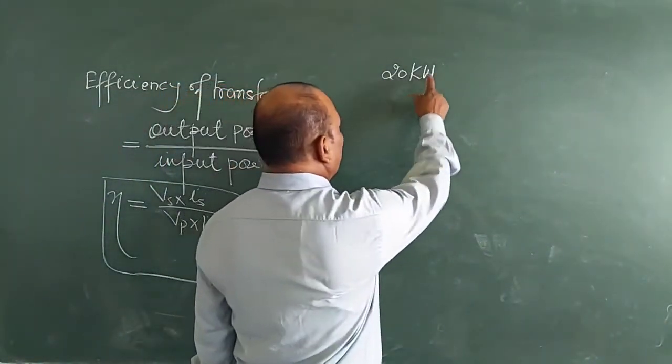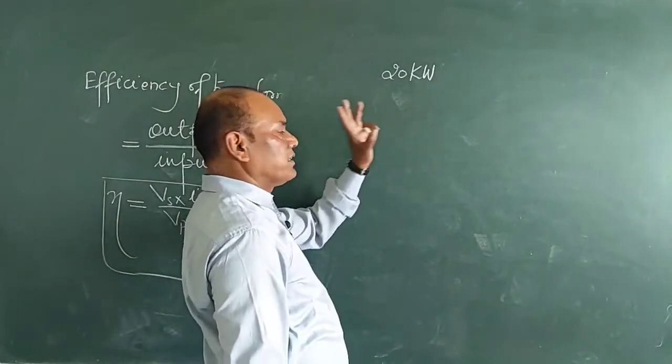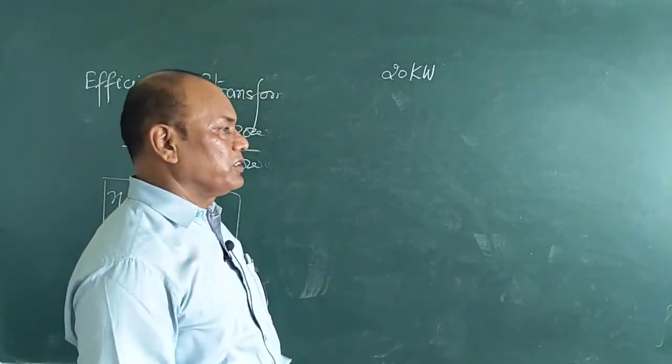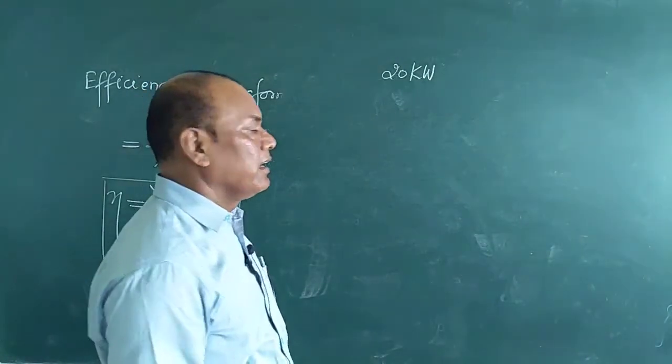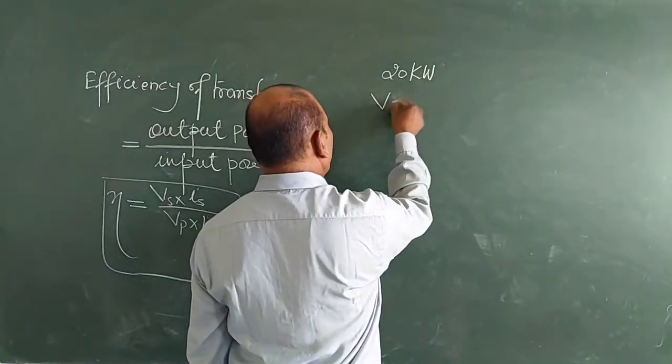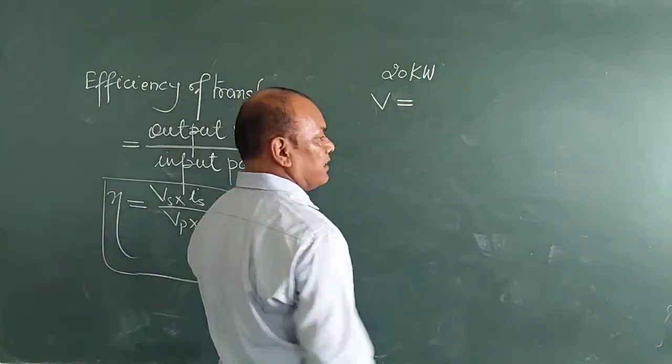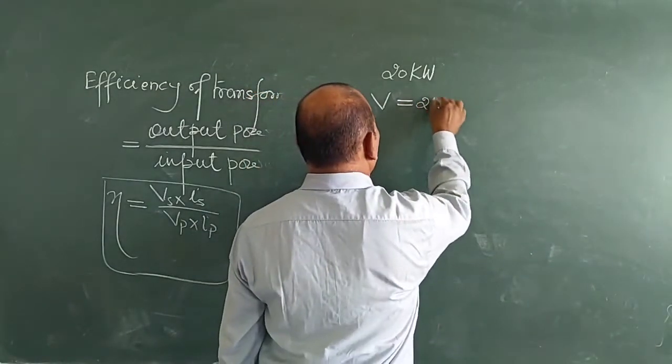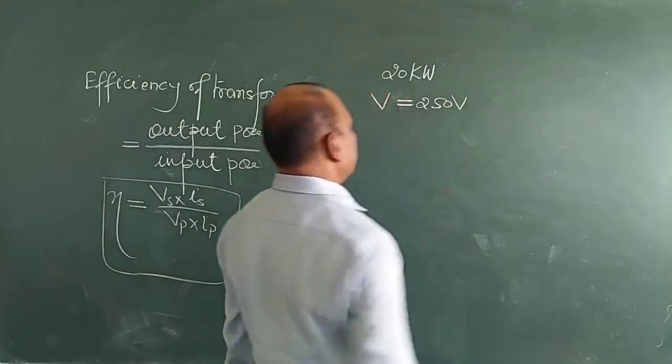If this 20 kilowatt electricity is produced at a station, and we have to apply a voltage here, suppose 250 volt.